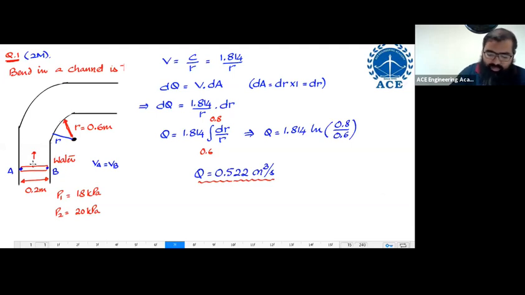Now, as this fluid element is keeping on moving over here, now the problem comes in. Imagine this element has taken this position. This is point A. This is point B. Now you see, if this entire thing was a rigid body, then it would have been easier for me to analyze its motion.